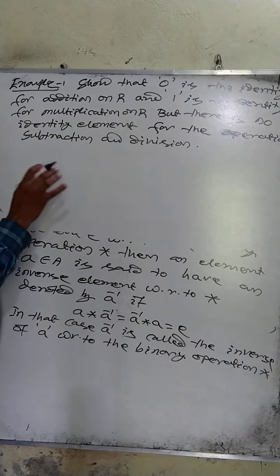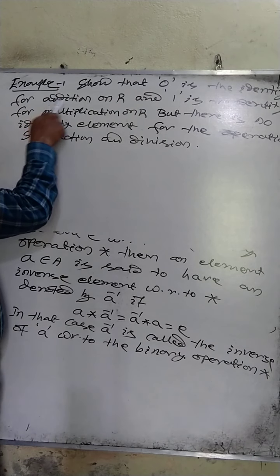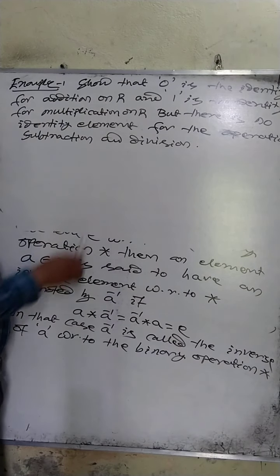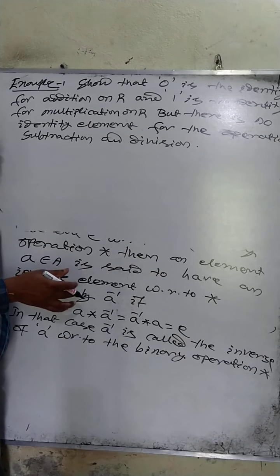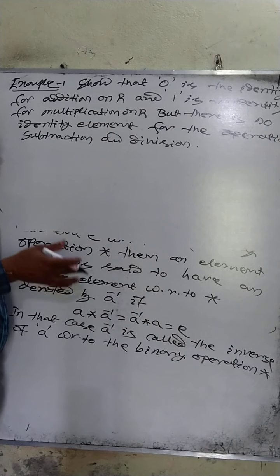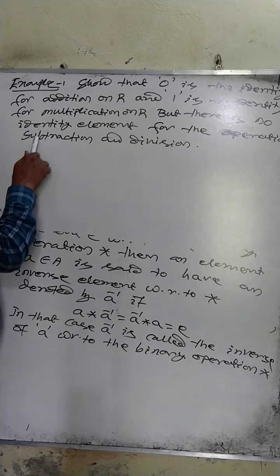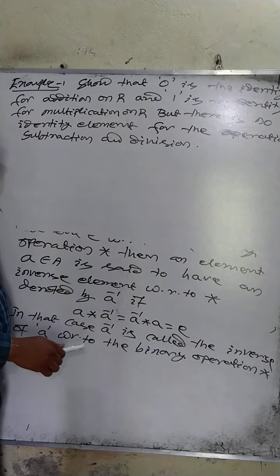That means we have to show that 0 is the identity element for the binary operation addition on the set of real numbers, and 1 is the identity element for the binary operation multiplication on the set of real numbers. But there is no identity element for the binary operations subtraction and division on the set of real numbers.